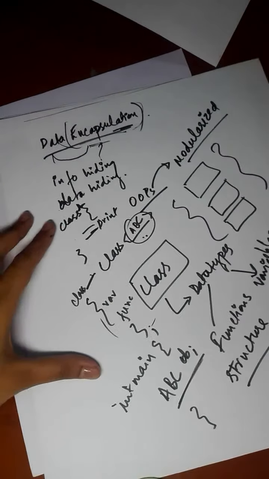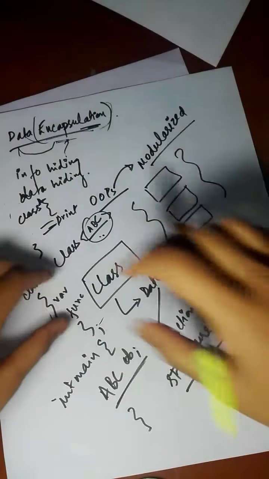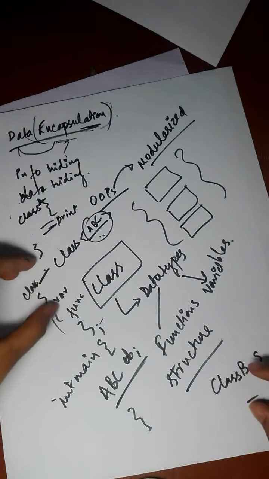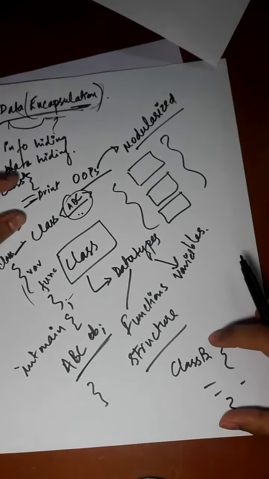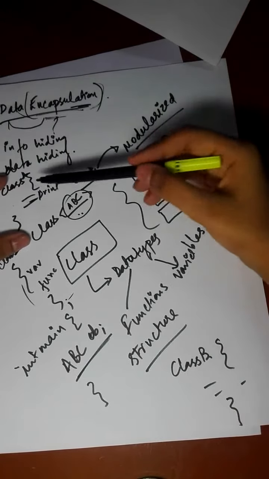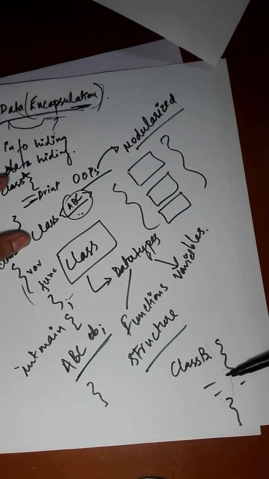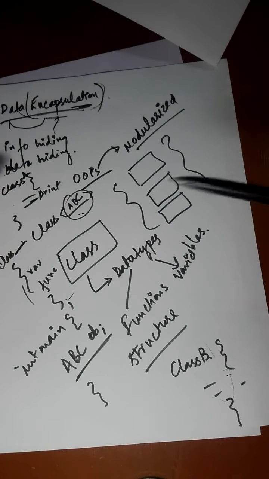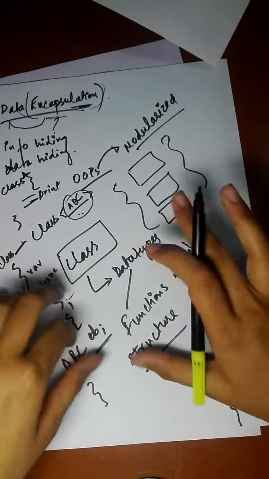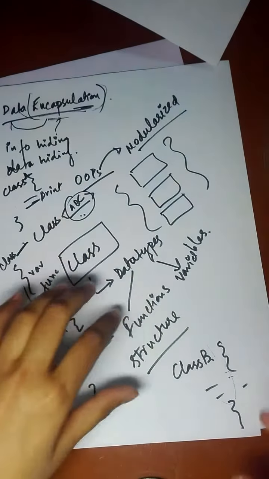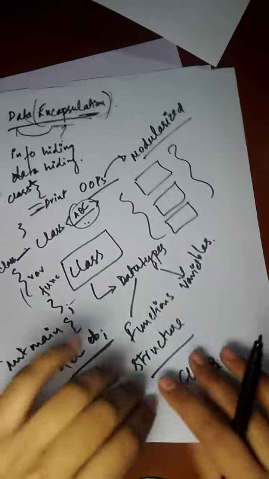You know that in C++ you have the liberty to call functions of one class from another and make use of them. But if this is private, this class cannot access it. There are ways to access it, but we will learn about that later. I'm just trying to make it clear what you mean by information hiding or data hiding.